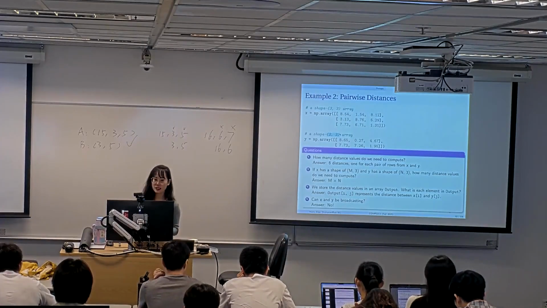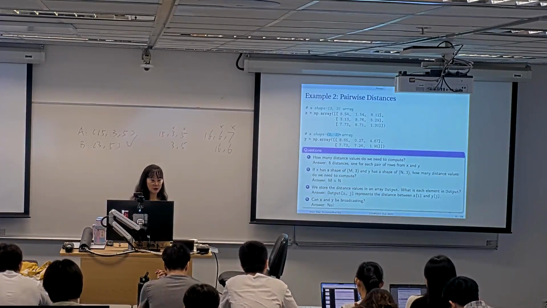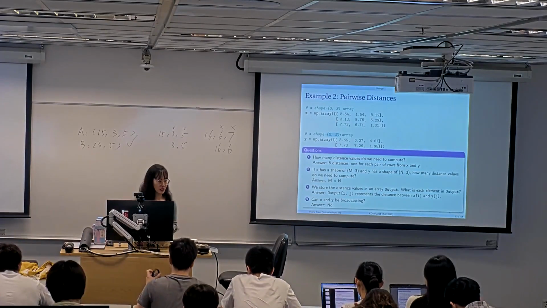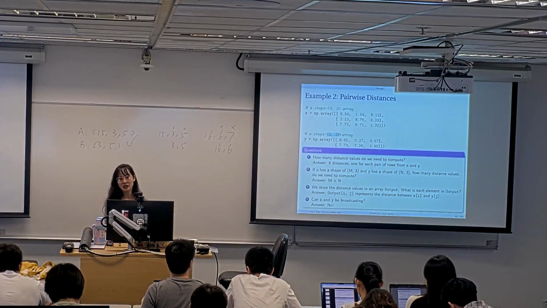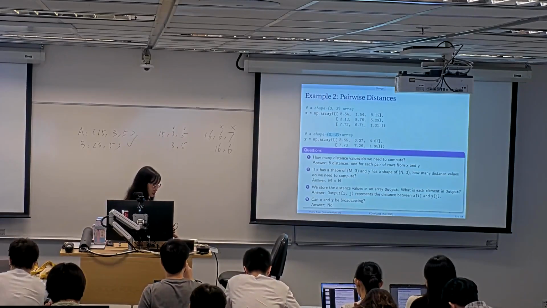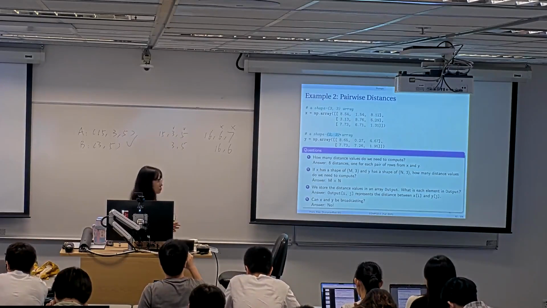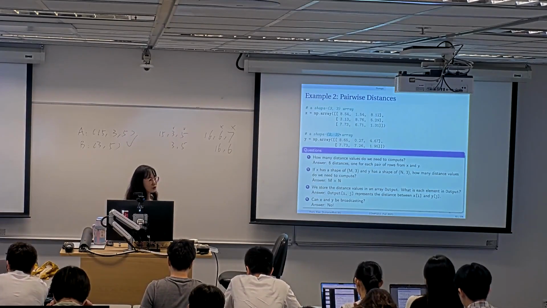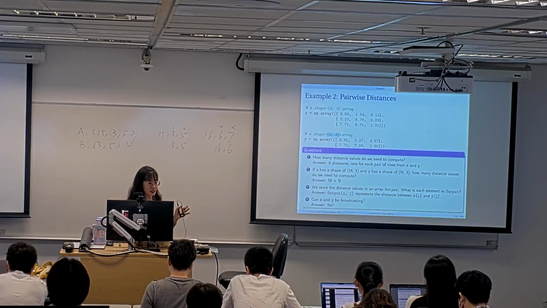Basically, we try to manipulate their shapes until they can be broadcast together. But of course, in the meantime, it should be meaningful to do such reshaping. All right, we get one clue here: try to do reshape and try to make them compatible. So before we go into the actual steps, I would like to talk more about this task itself.